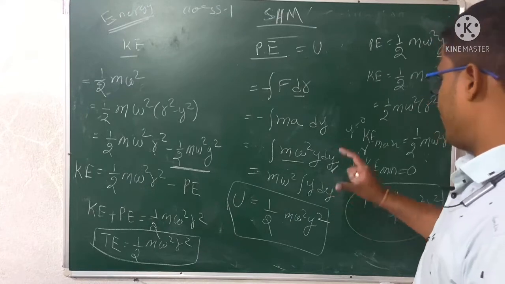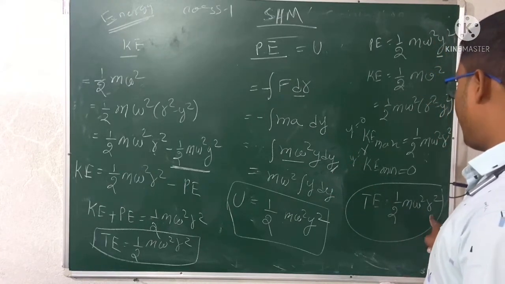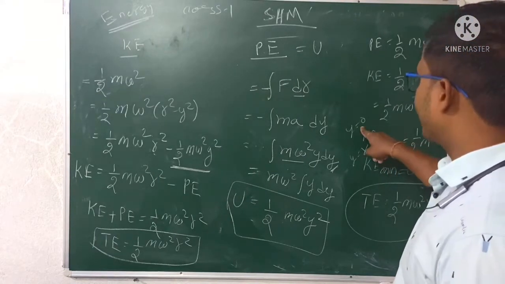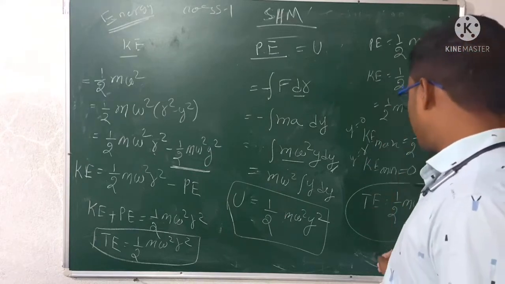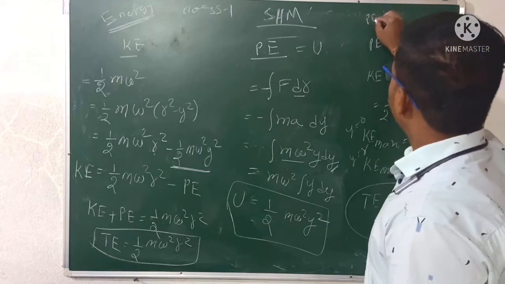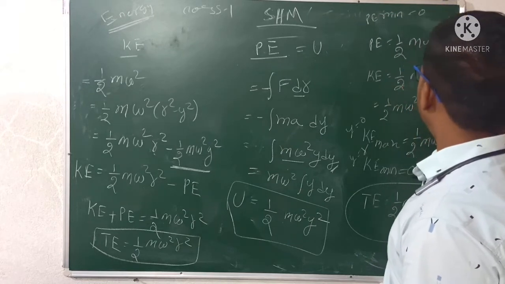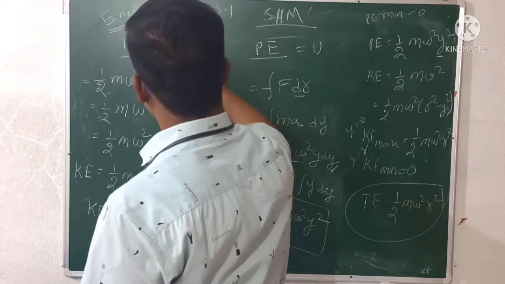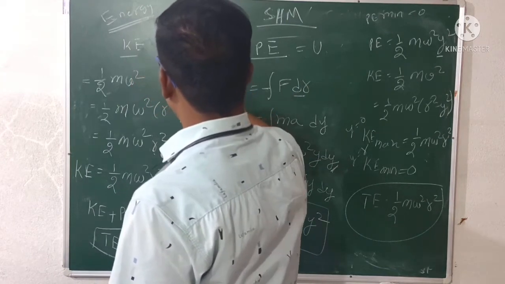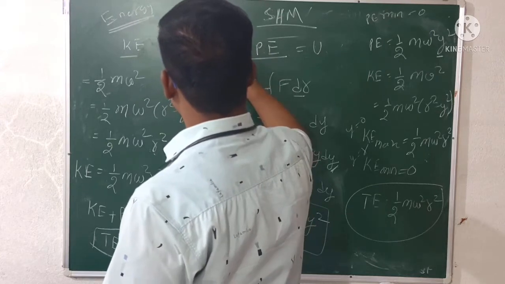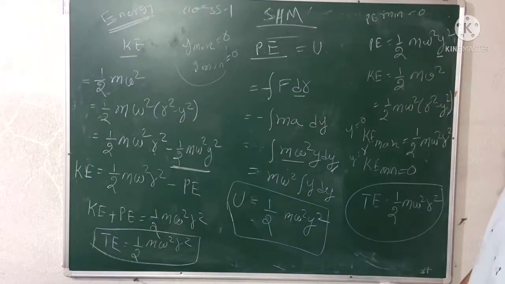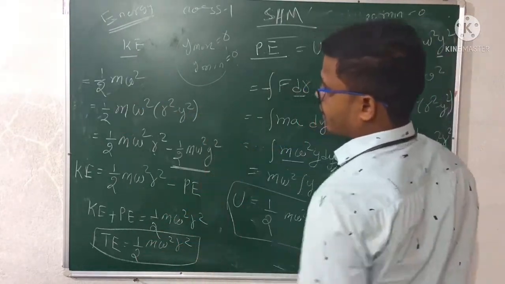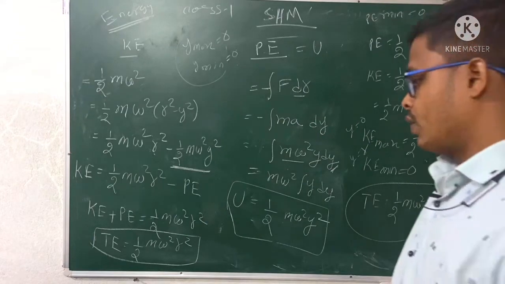So total energy equals half m omega square r square, which is the maximum of the kinetic energy. If there is no position, there will be no potential energy. So the minimum potential energy is 0 when y is 0. The important thing is y. Maximum y is the amplitude, and minimum y is 0. So these are the potential energy, total energy and your kinetic energy. This is all about your energy system.